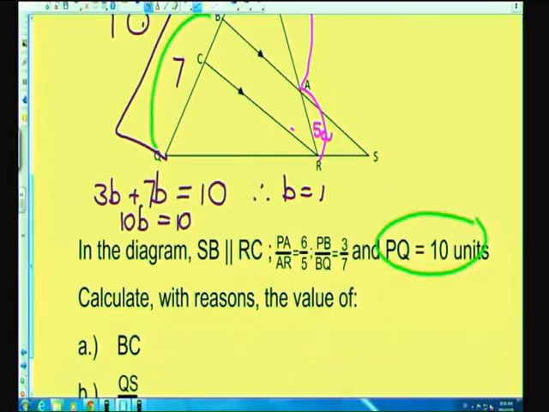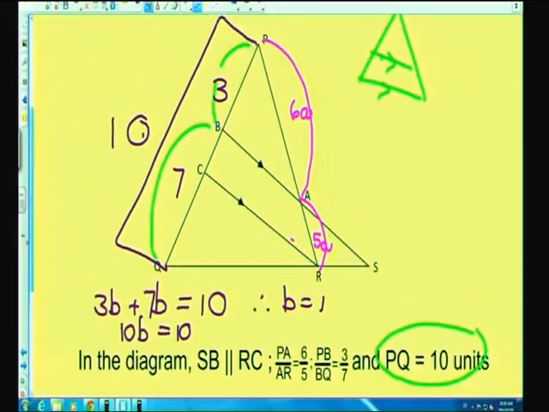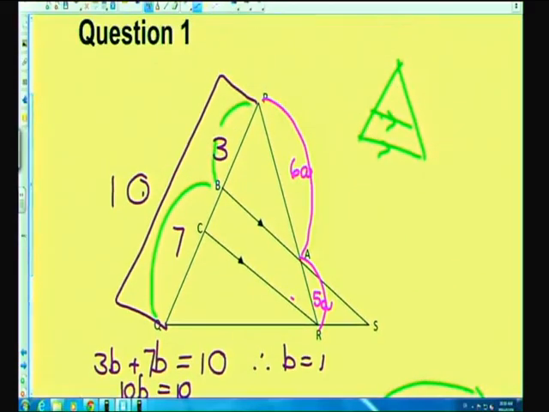It says, calculate with reasons the value of BC. So let's go back to the drawing. We want the value of BC. That little line there. Now remember what I said to you, we can be looking at two different triangles. Now for this one, I can safely say we're looking at triangle PCR. So let's just erase this here so we've got some room to work.